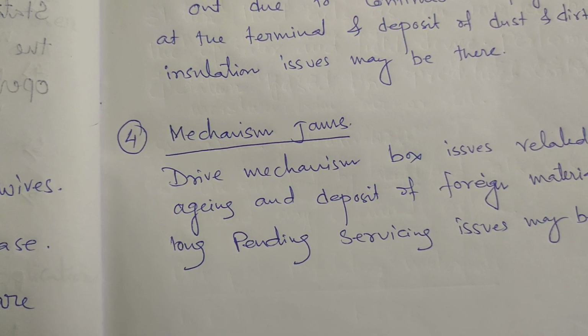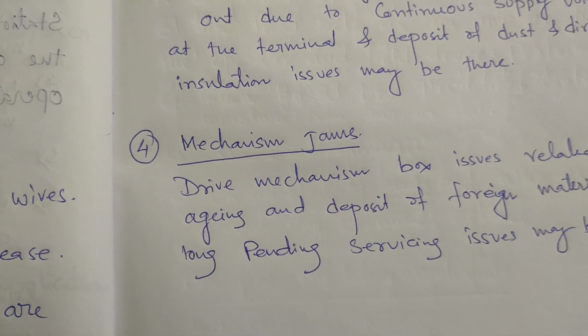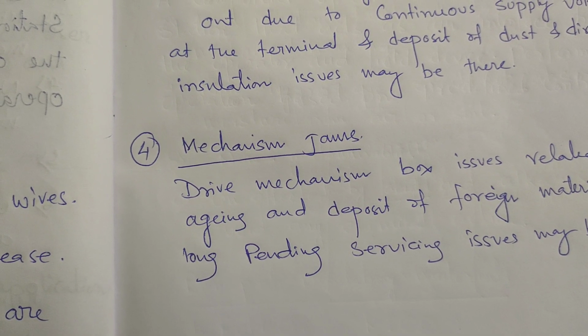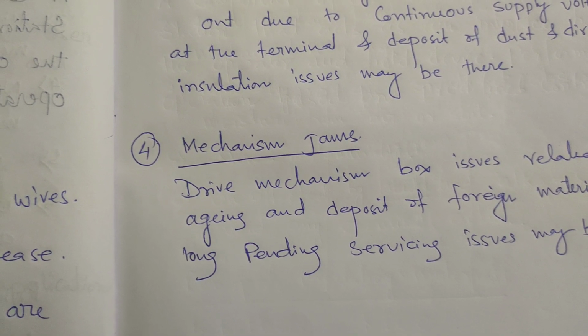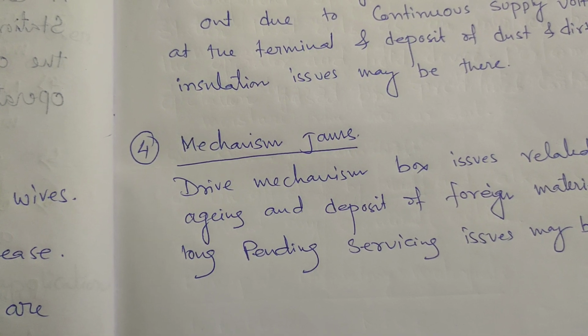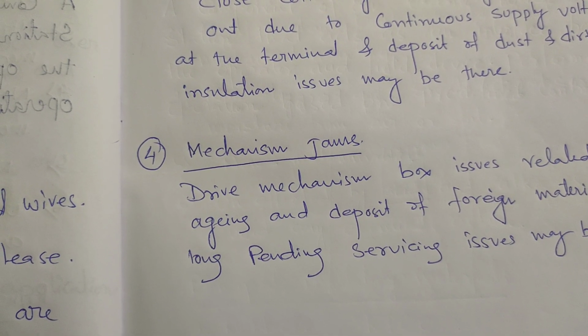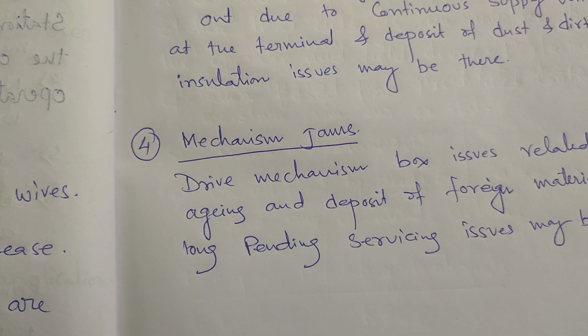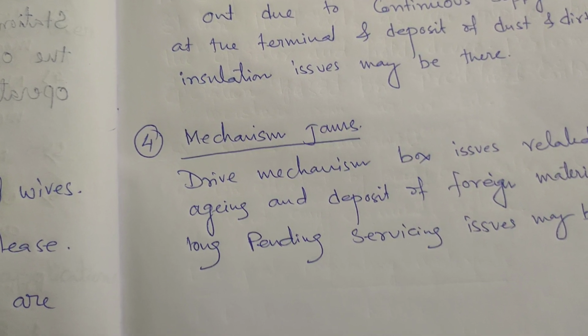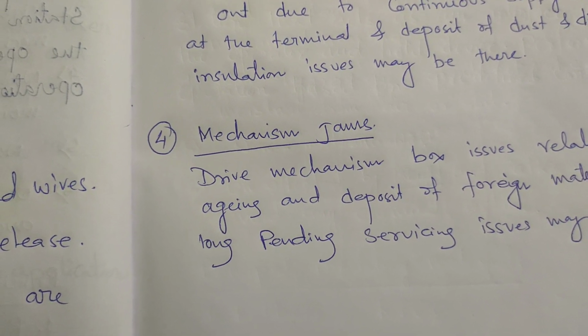After searching here and there, we found that the SF6 density monitor terminal had been sulfated and cut out, and just by joining these terminals the problem was solved and the circuit breaker was put into service.